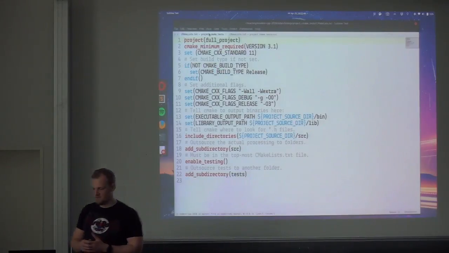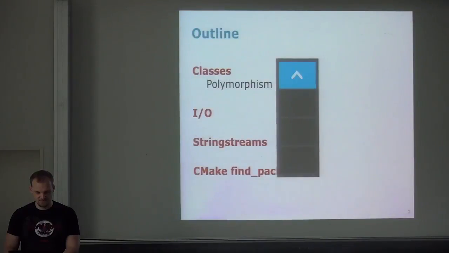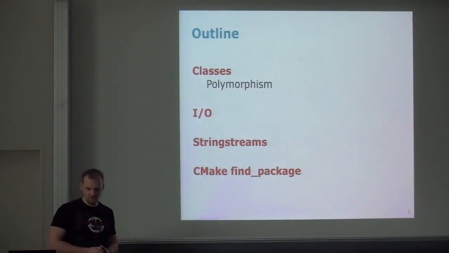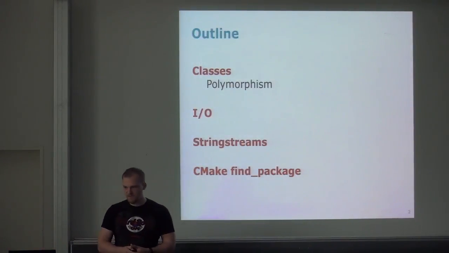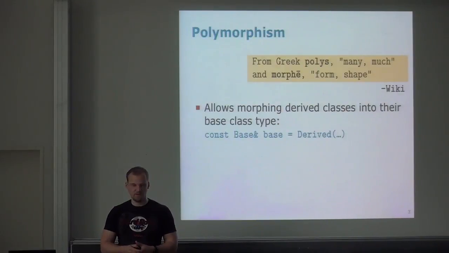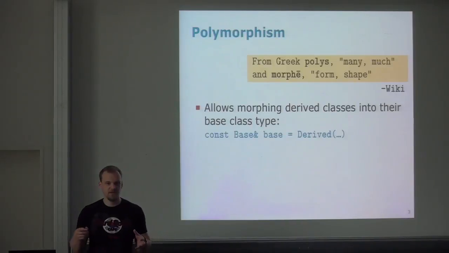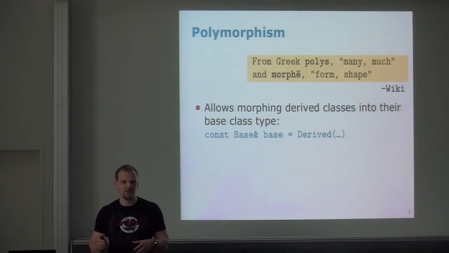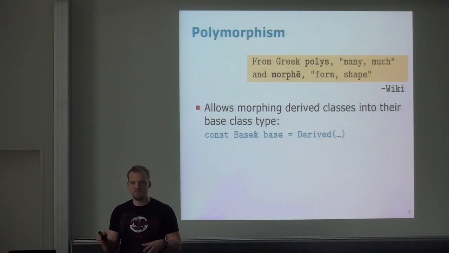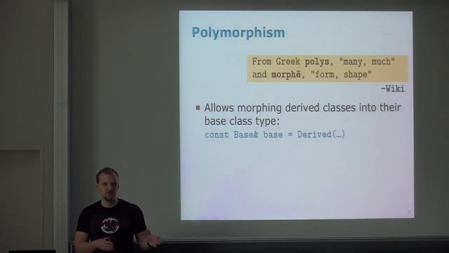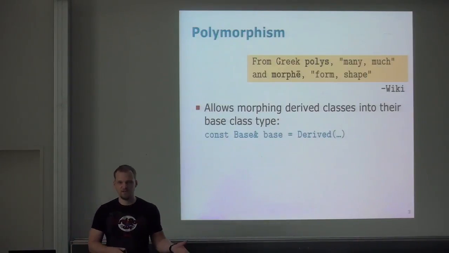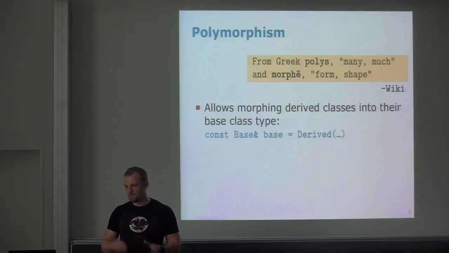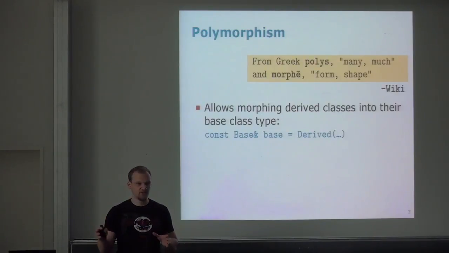Okay, so then I think we're just gonna start. Last lecture we started a bit with inheritance and how the classes can inherit from each other, and we ended up with virtual functions. We're going to use those virtual functions a lot in this lecture. At first I will give you some information about this whole thing.